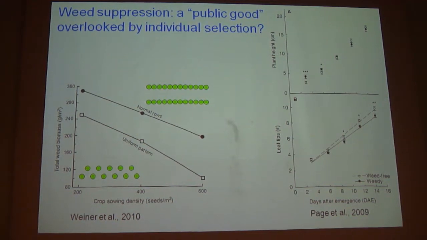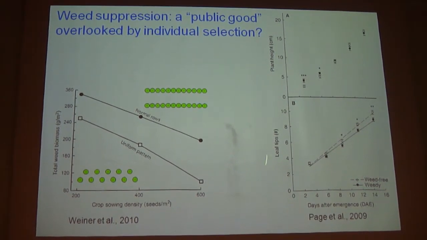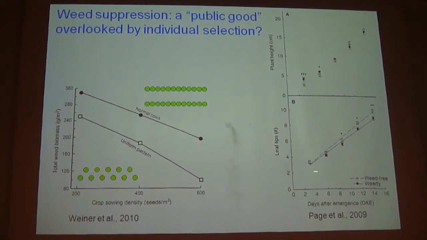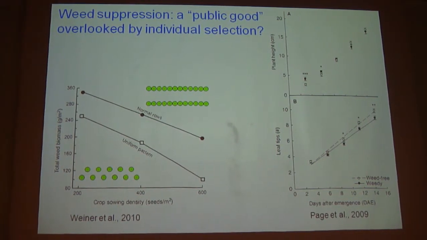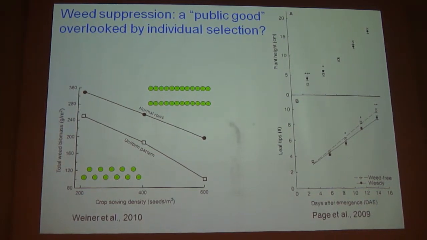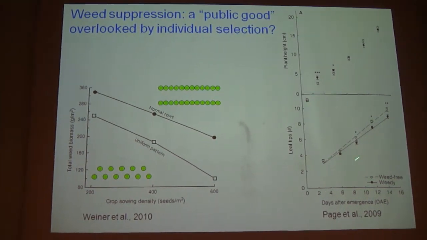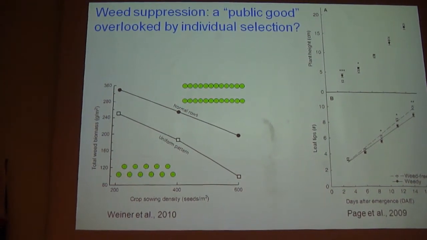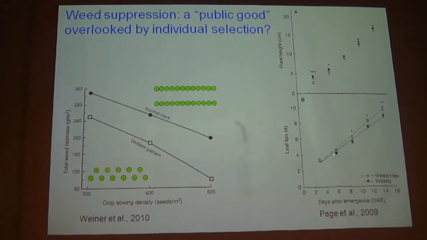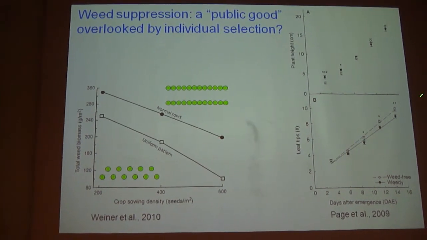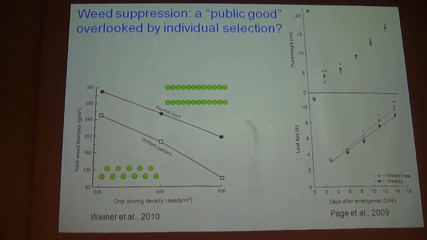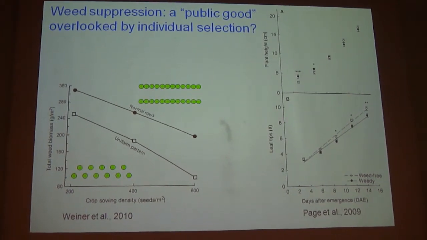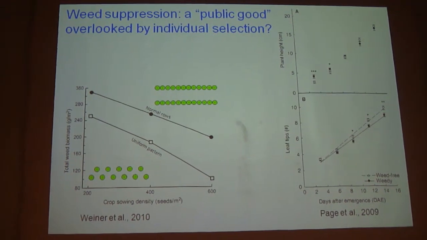And then down here we have a graph of the number of leaves, and we see again that the phenotypic plasticity response to crowding has resulted in, well, in combination with whatever the effects of the weeds are, I guess, fewer leaves than in the absence of that response, or at least in the absence of weeds.